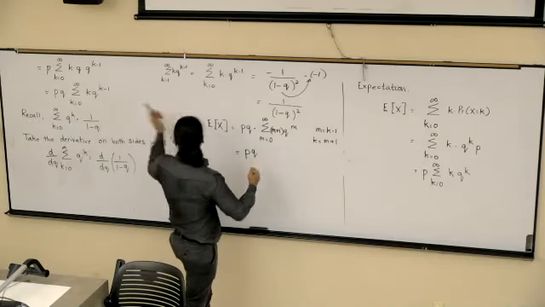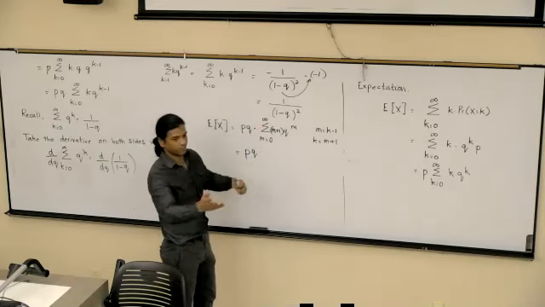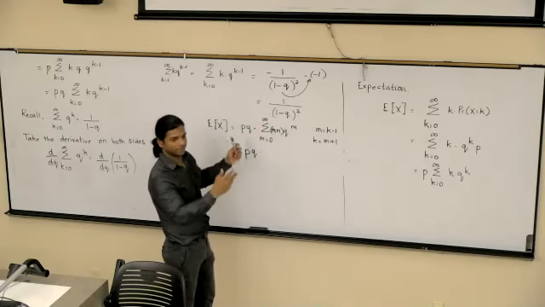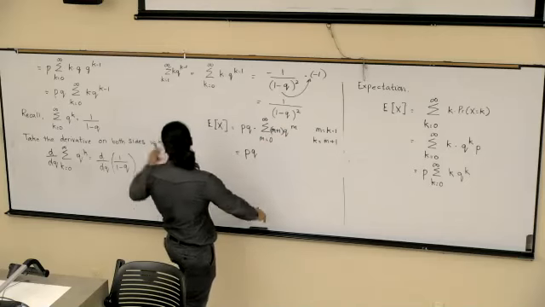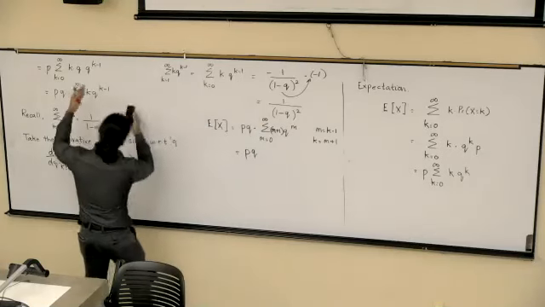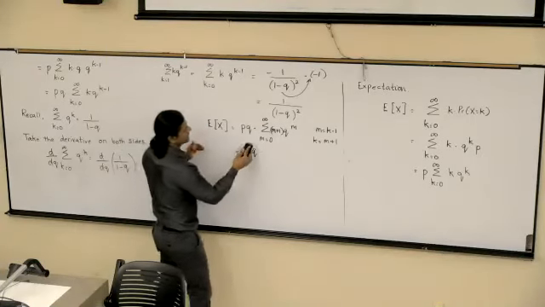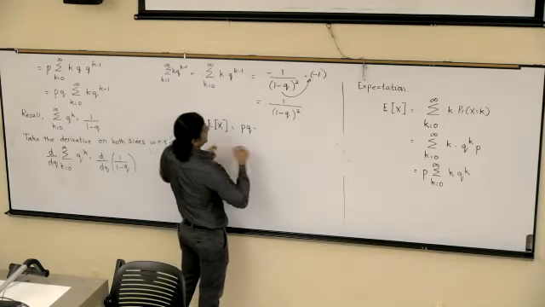Yeah, that's right, which is why I skipped the step. I could have just substituted 1 over 1 minus q. But I didn't want to skip the step, that's why I'm doing the substitution. But this and that are one and the same. So skip that step. You can try that at home.